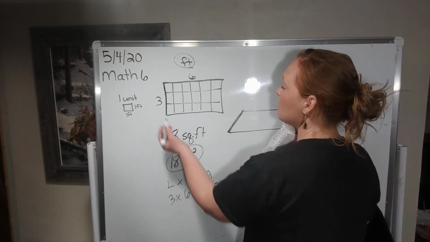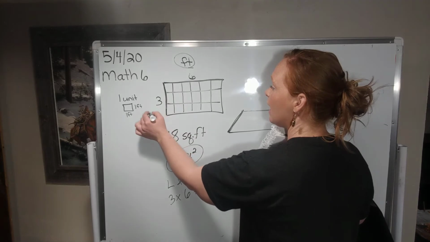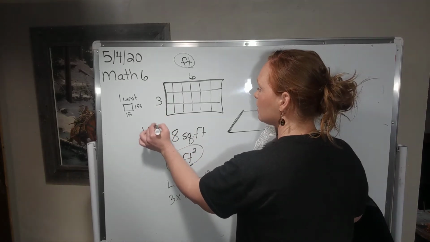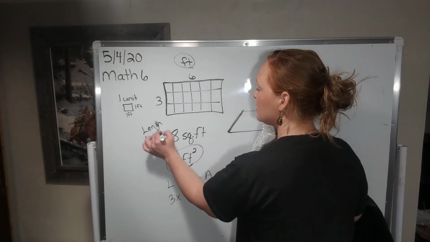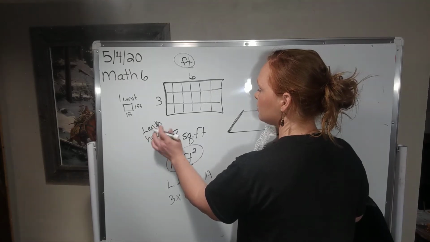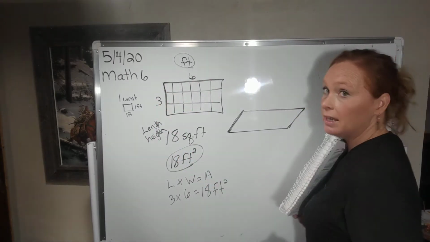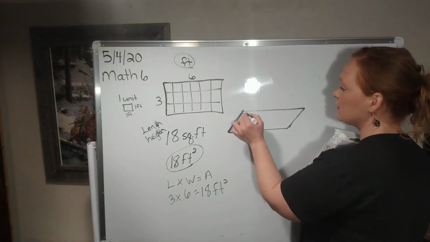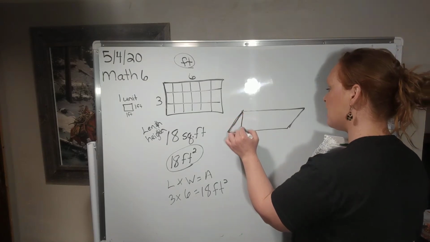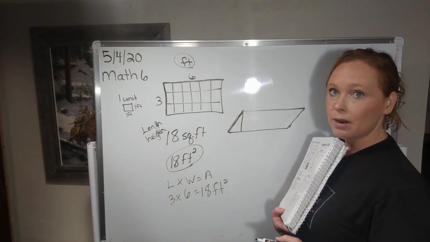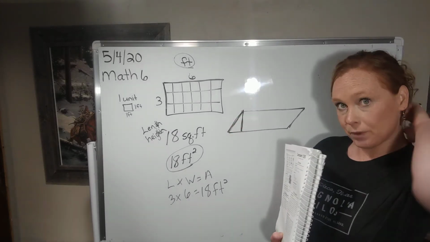Instead of using the length times the width, we could actually call the length the height. So length and height are kind of the same thing here. But in this case, the length of the side is not the same as the height, right? So we want the true height of this parallelogram.